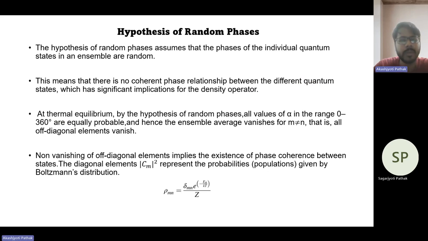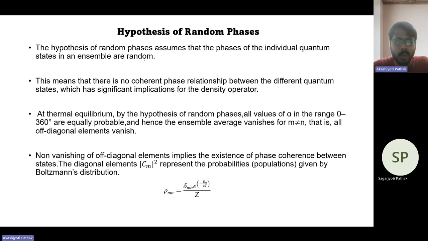Now, what do you mean by the hypothesis of random phases? The hypothesis of random phases assumes that the phases of the individual quantum states in an ensemble are random. We saw that the nuclear spins are oriented randomly, and this ensemble of nuclear spins is what gives the concept of the hypothesis of random phases.